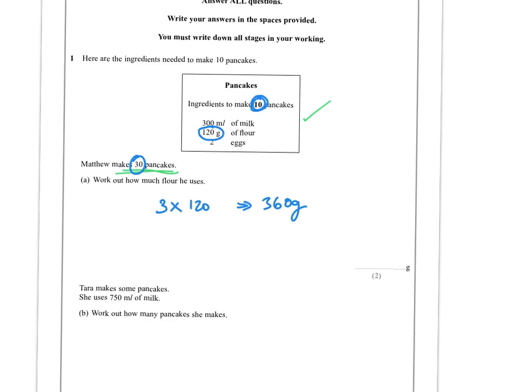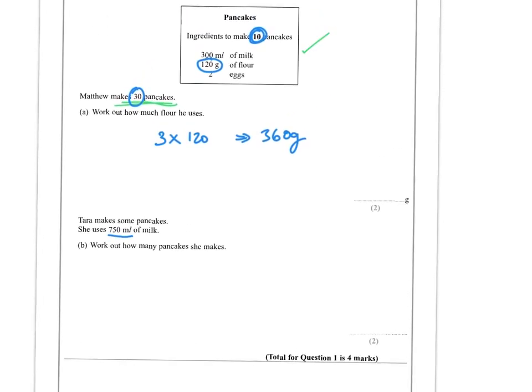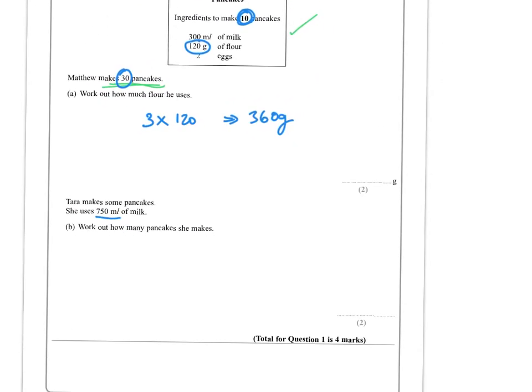For the next part, Tara makes some pancakes. She uses 750 ml of milk. Work out how many pancakes she makes. Well, if 300 ml gives you 10 pancakes, then 600 would give you 20.